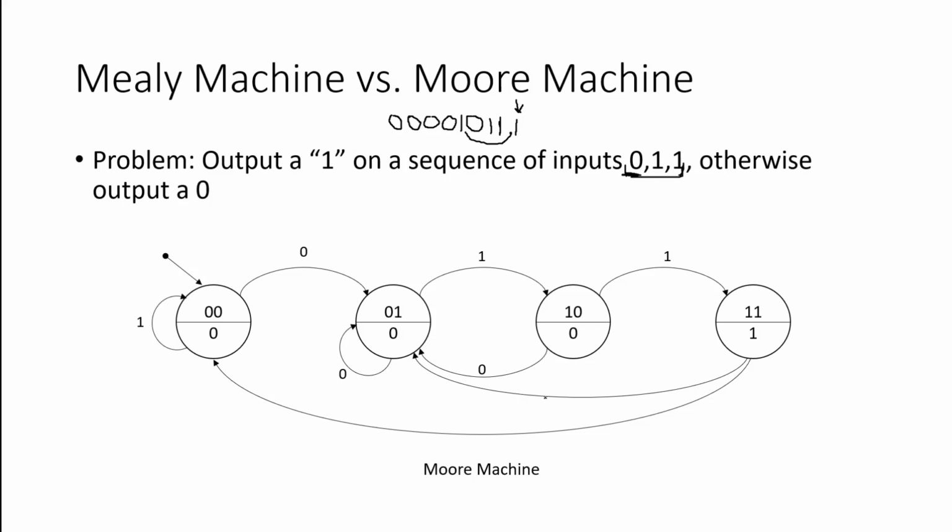And what that means is that if I'm in state D and I receive a 1, I'm going to go back to the initial state, which allows me to wait for that 0, 1, 1 again.